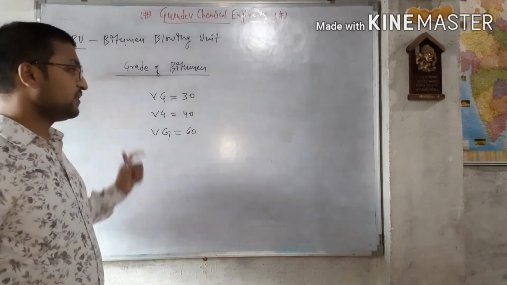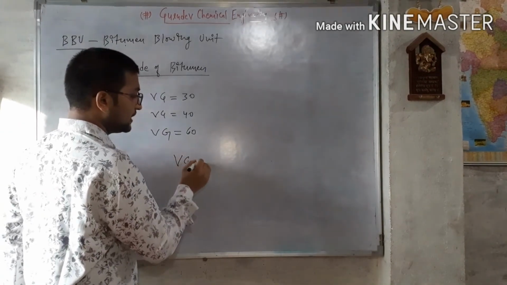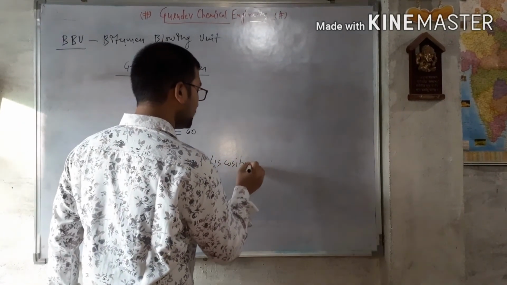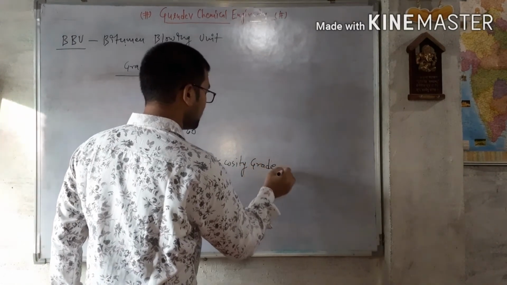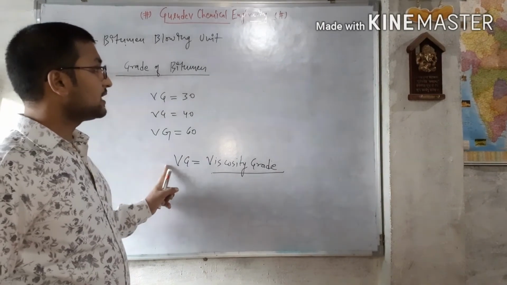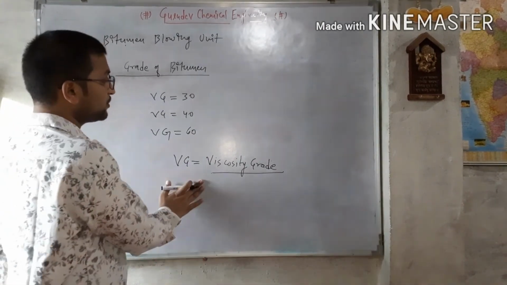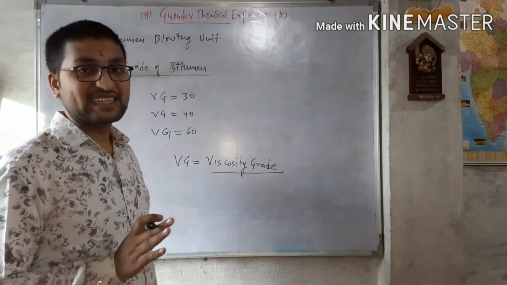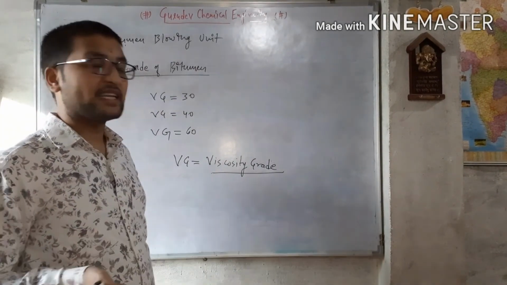VG stands for viscosity grade. Then there is the relation between the viscosity grade and the penetration, and penetration is a test that we will discuss in the next video.